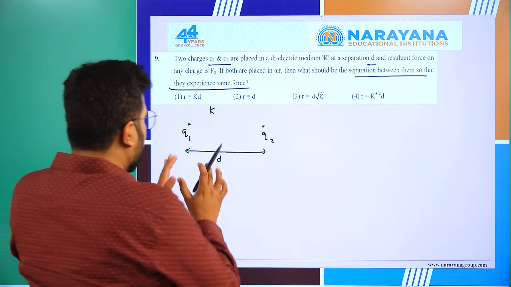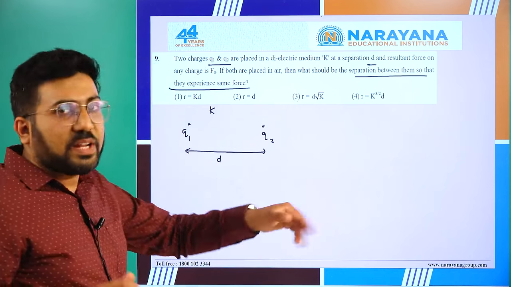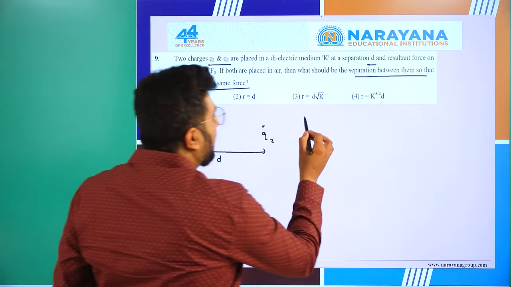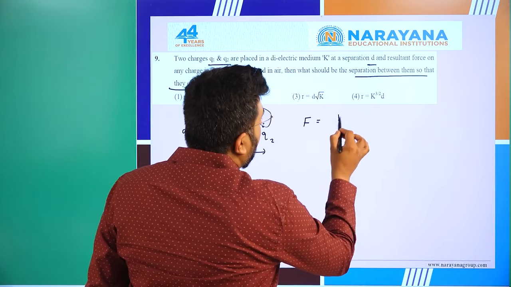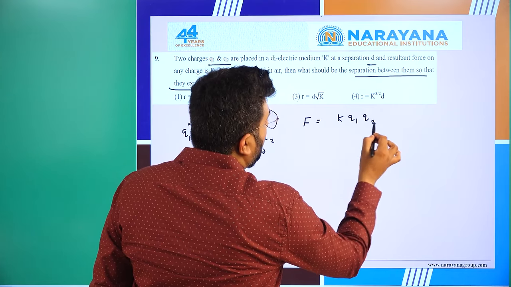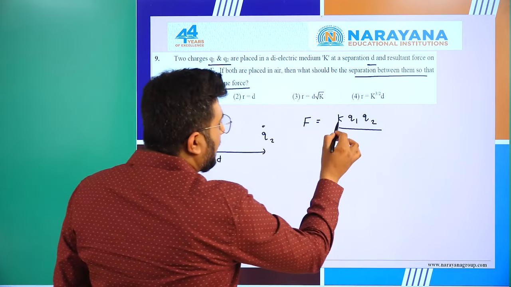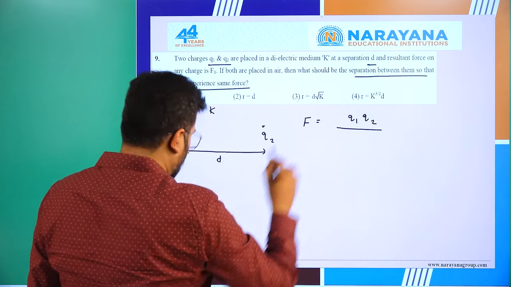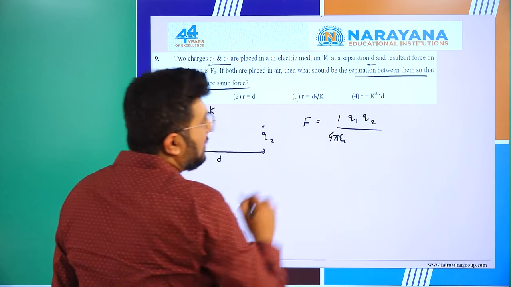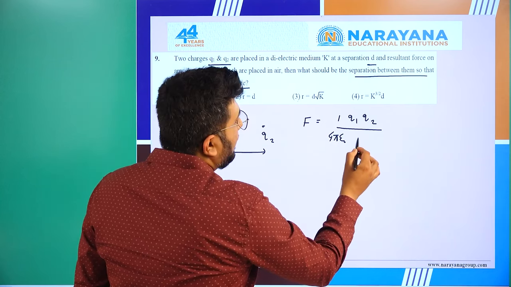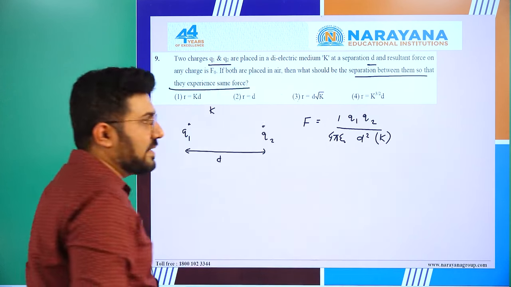Okay, so you know that if the charges are placed in a medium, then the force of attraction or repulsion between the two charges is given by K Q1 Q2 by r square, or K can be written as 1 by 4 pi epsilon naught. So 1 by 4 pi epsilon naught Q1 Q2 by r square divided by the dielectric constant.